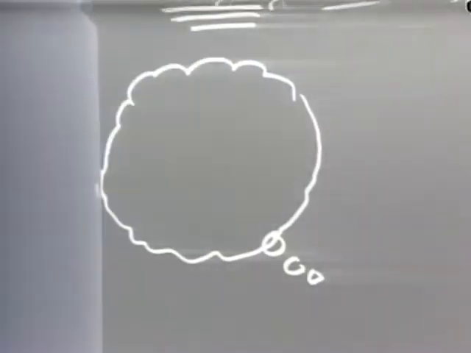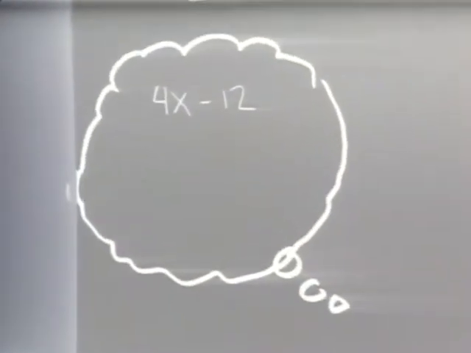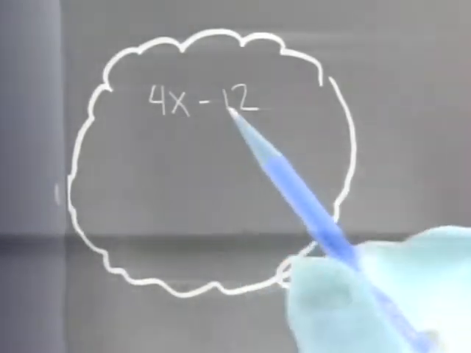Here's just a random thought over here, my thought bubble. If you had, say, 4x minus 12, this is something you might have seen in Algebra 1.